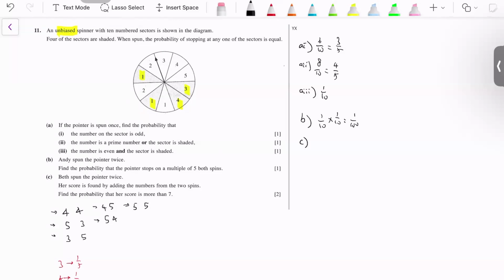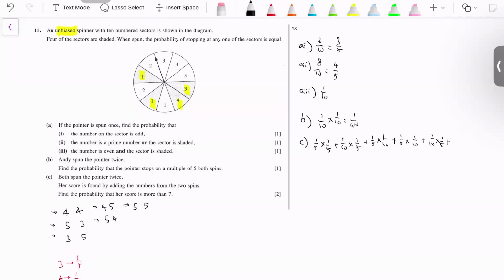First, we get 4 twice, so it's 1/5 multiplied by 1/5. Second, get a 5 followed by a 3, so that's 1/10 times 1/5, and get a 3 followed by 5 is 1/5 multiplied by 1/10. Next, get a 4 and 5, which is 1/5 multiplied by 1/10, and 5 and 4 is 1/10 multiplied by 1/5.